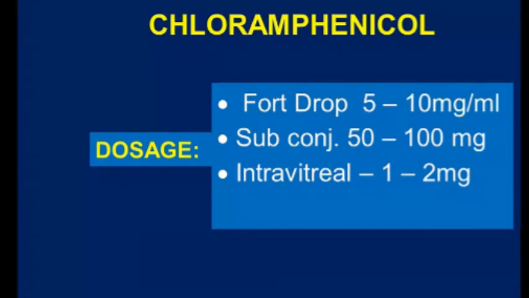It's in the form of an injection. So this injection is applied subconjunctivally. So we also have the intravitreal form. The injection is administered into the vitreous. So the dosage is 1 to 2 milligrams, while the subconjunctival is 50 to 100 milligrams per day.